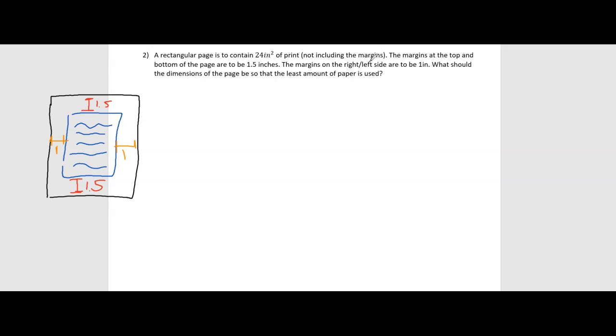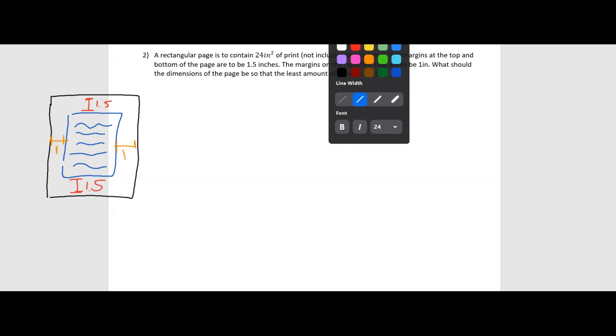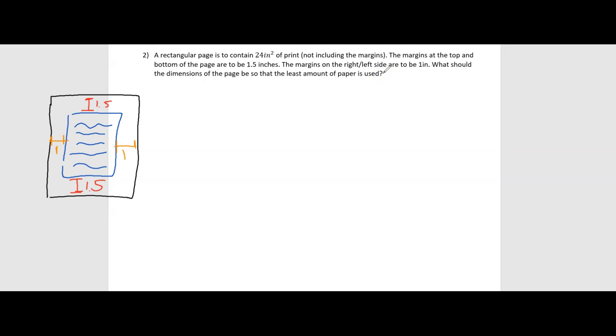Well, let's do dimensions for the blue rectangle first. I'm just going to call that x, the length, and we'll call the width y, because we don't know they're the same, it is a rectangle.